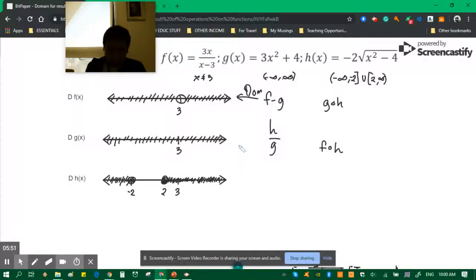Again, because x squared plus 4 here will never be 0. We do not have real numbers that would make 3x squared become negative 4. So, hence, it allows all real numbers.